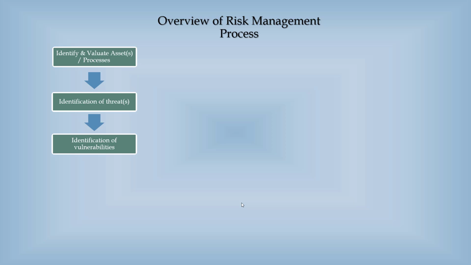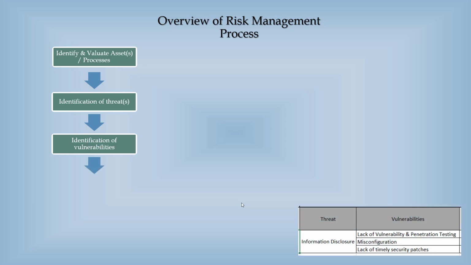Identification of vulnerabilities. Now, a particular threat can exploit various vulnerabilities. So you should be able to develop a mapping between threats and vulnerabilities. There will be a lot of threats which would be exploiting a lot of vulnerabilities, or maybe a single threat exploiting similar vulnerabilities. This is an example.